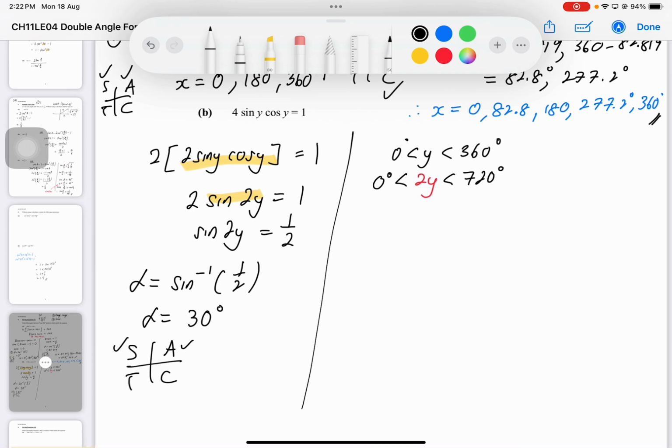Okay, so in step number 3, you list for y. First quadrant, 30. Second, 180 minus 30. Do I need to go one more round? Yes. Add 360. 390.